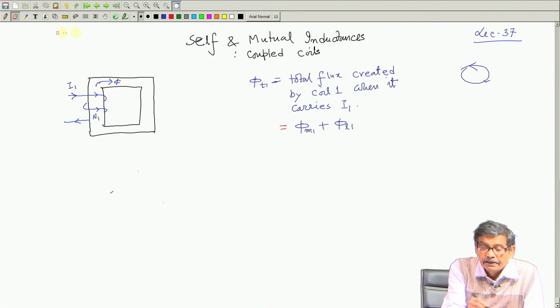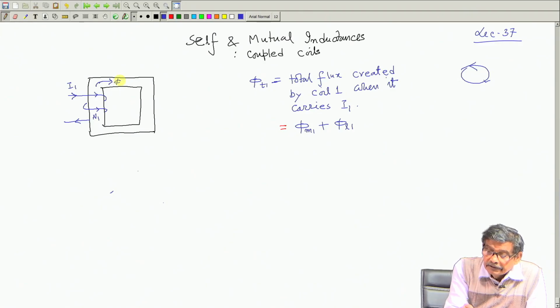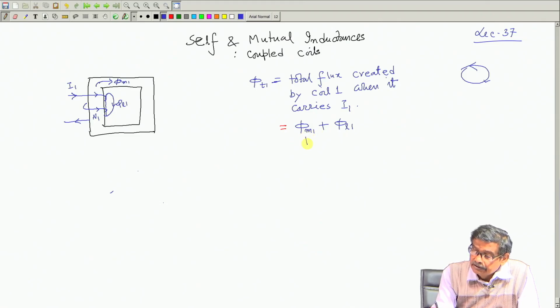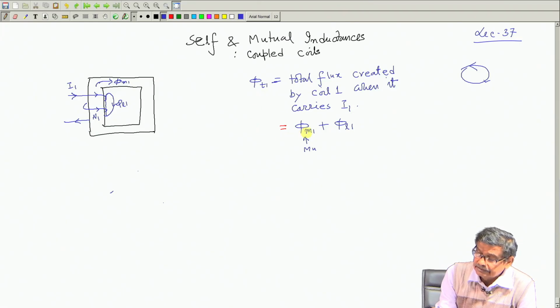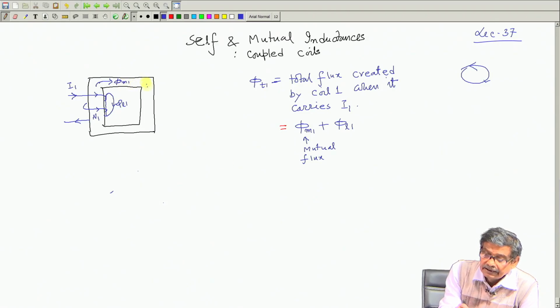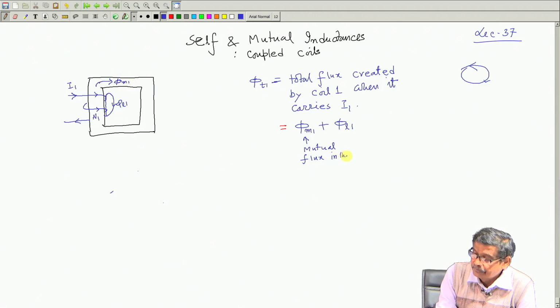One is called phi m 1, and there will be another part which will not go through the core, which will be linking the coil alone. It will not flow as a mutual flux. So, this one is called mutual flux in the core. This total flux has one component which I have written phi m 1 corresponding to this coil 1, and this is called mutual flux in the core.